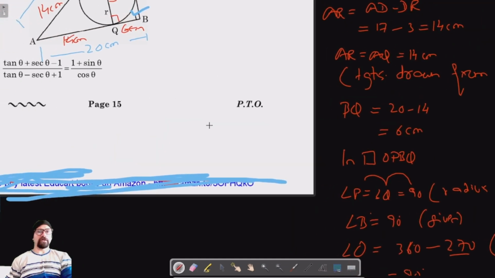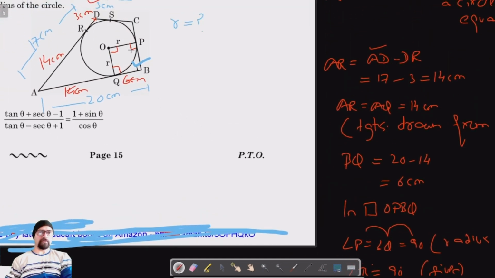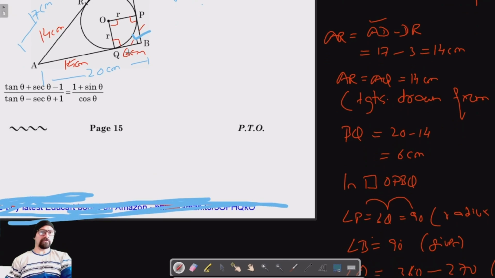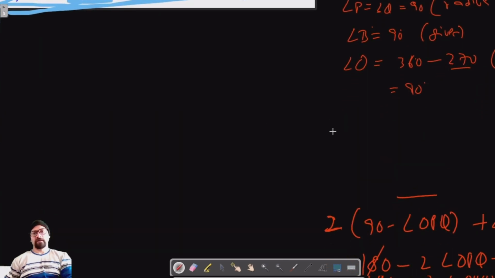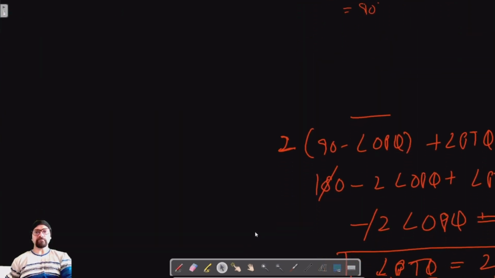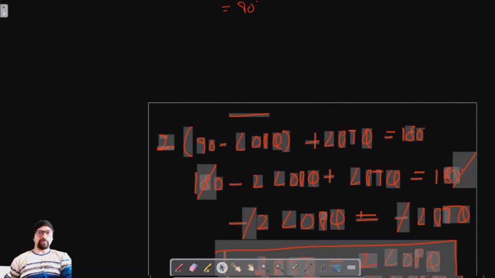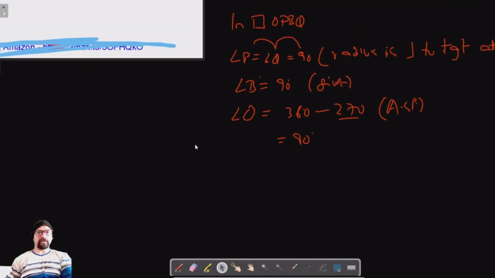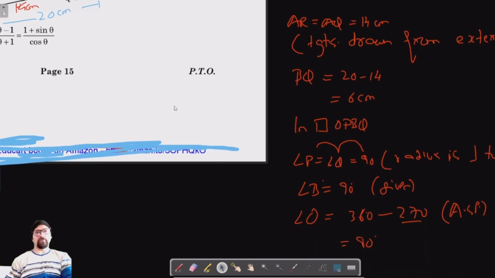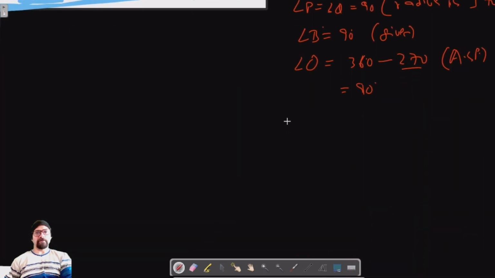So in quadrilateral OPBQ, all the angles are 90 degrees and two of its sides are equal. So quadrilateral OPBQ is a square.